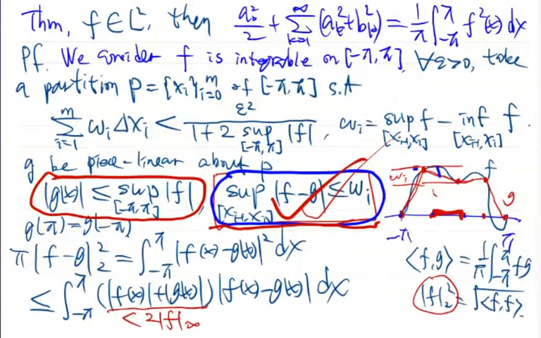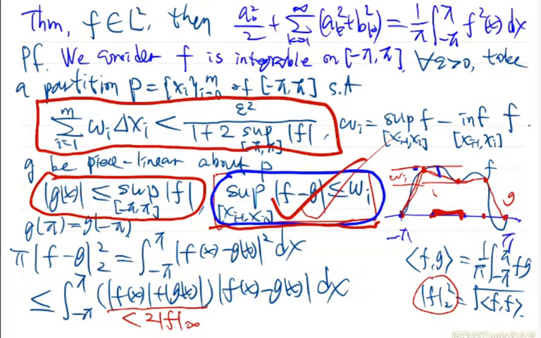Here we choose the partition having this property, so the oscillation sum is less than ε² divided by 1 plus twice the supremum of f. The 1 here is to avoid the denominator being 0.